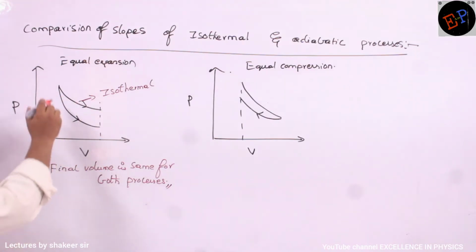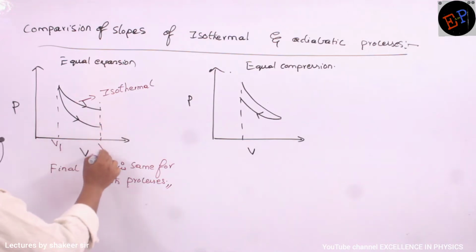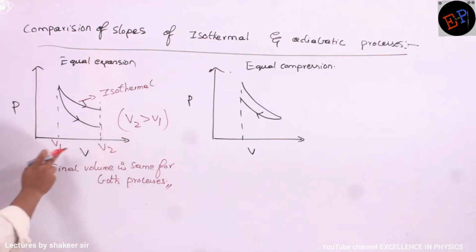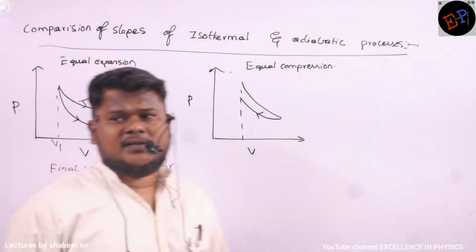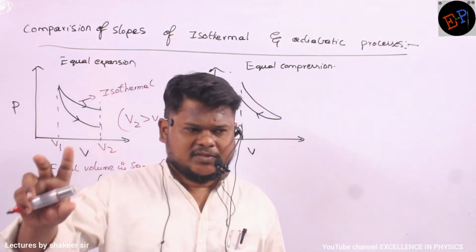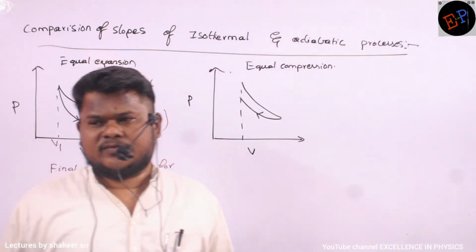This is expansion only. Initial volume was V1, final volume was V2. Definitely V2 is greater than V1. The final volume is greater than the initial volume. It means this is the concept of expansion, and we are expanding the gas in two processes. First I am expanding by using the isothermal process, then by using the adiabatic process.